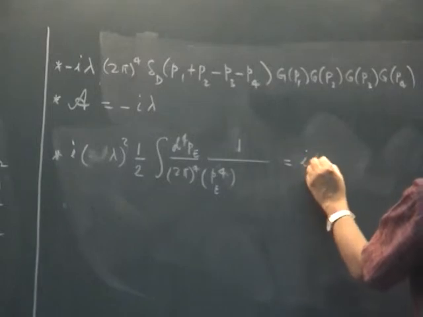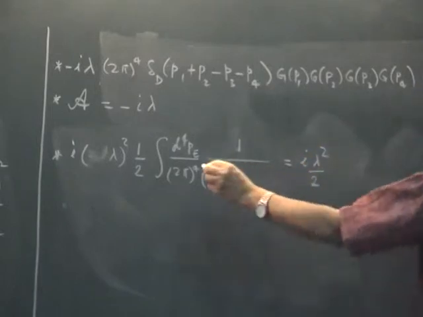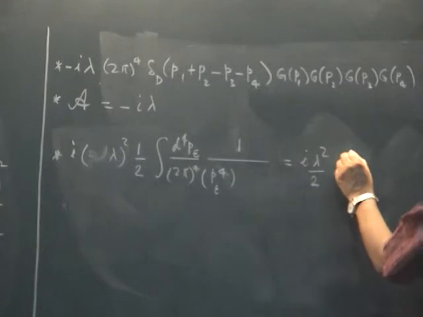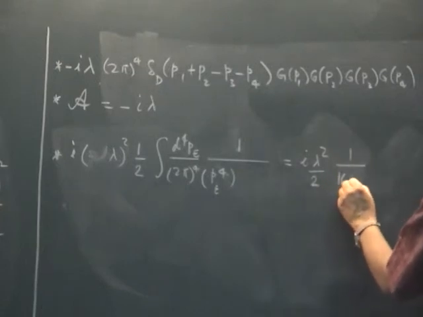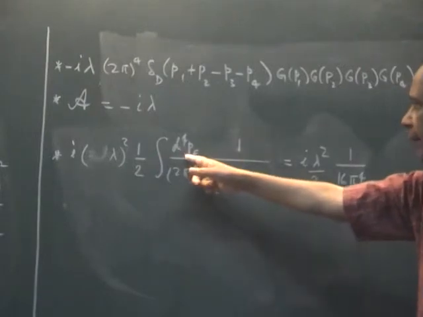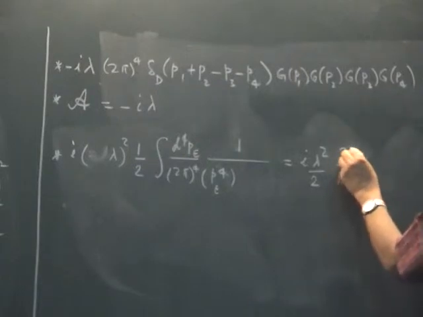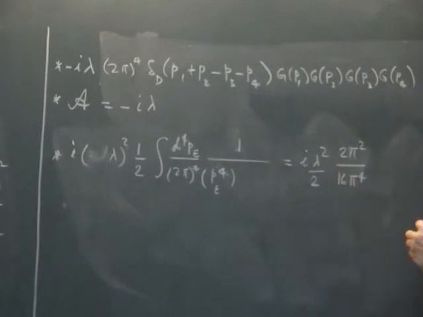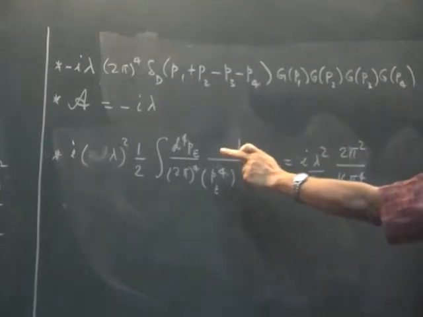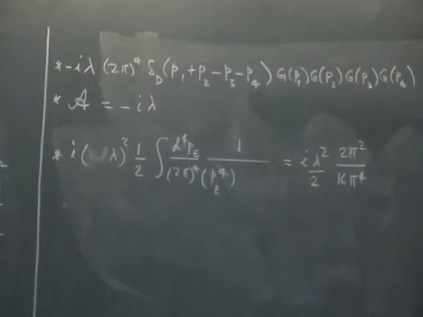i lambda square, then there is a factor 2 here, then I have a 1 over 16 pi to the power 4, then I have the volume element of a 4-dimensional sphere times p cube dp. Volume element of a 4-dimensional sphere happens to be 2 pi square. Then I have an integral of p cube dp divided by p4, so that is log p at the cutoff.